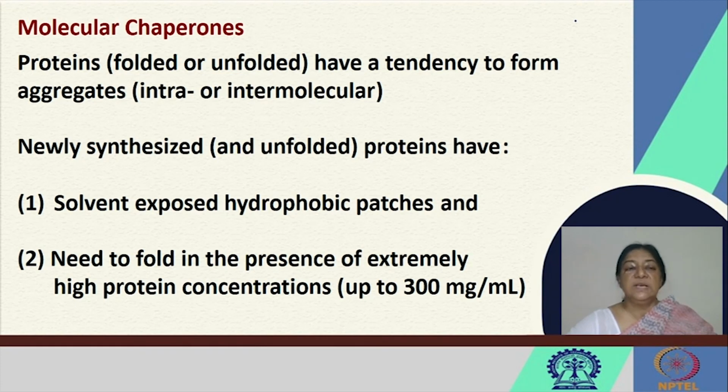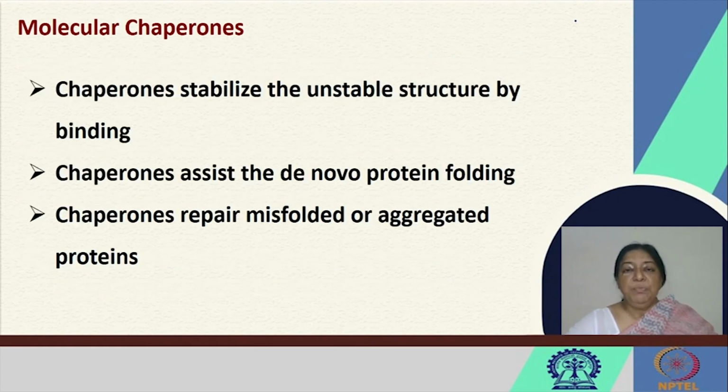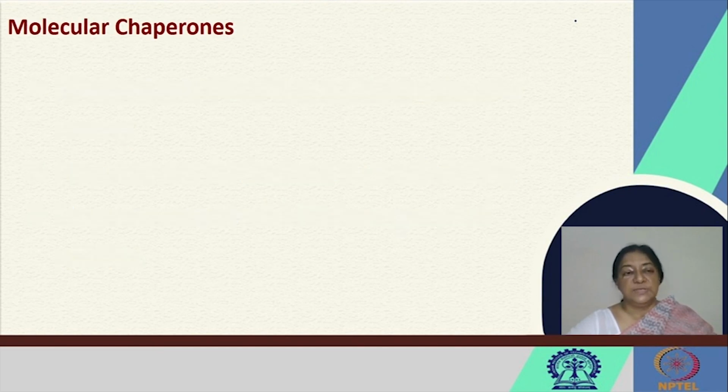So, how is this accomplished? The chaperones stabilize the unstable structures by binding to them, and they assist in de novo protein folding. And they have the ability to repair misfolded or aggregated proteins.